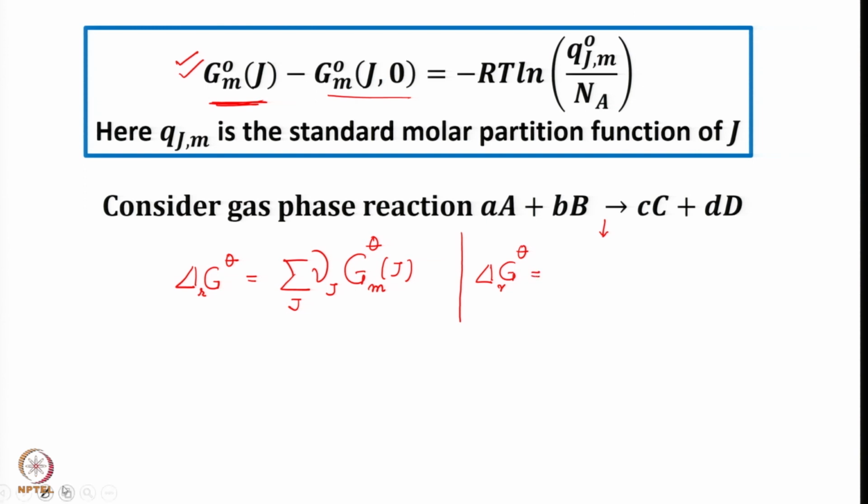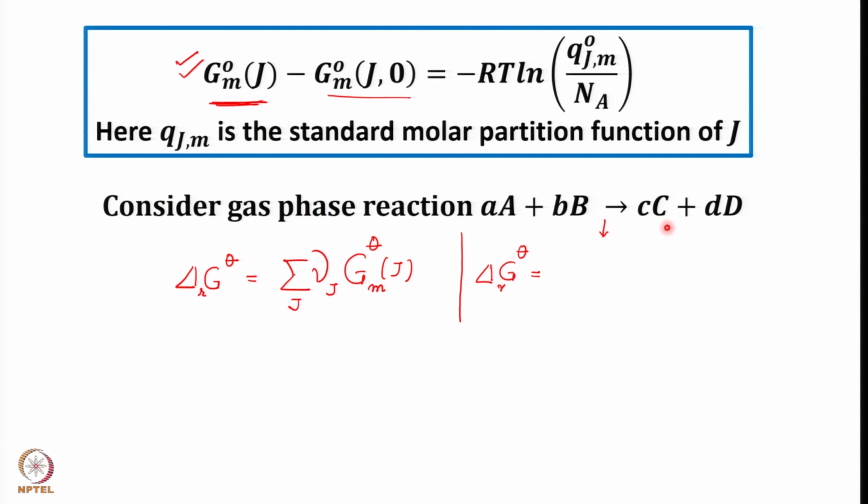Let me explain the various notations. R stands for reaction. This symbol stands for standard state condition. Nu J is the stoichiometric number, which is positive for products and negative for reactants. I repeat, nu J is the stoichiometric number, which is positive for products and negative for reactants.